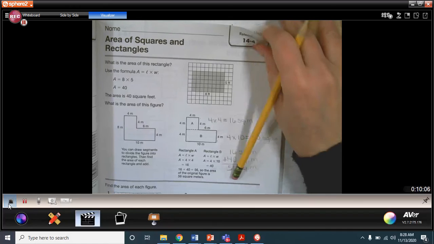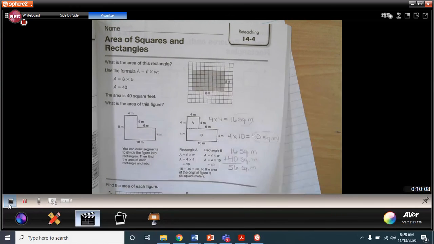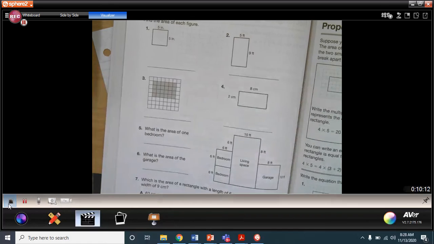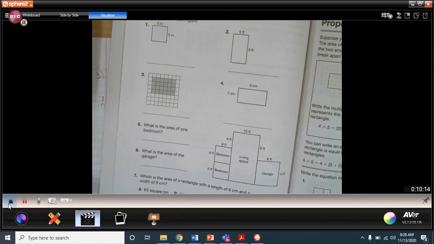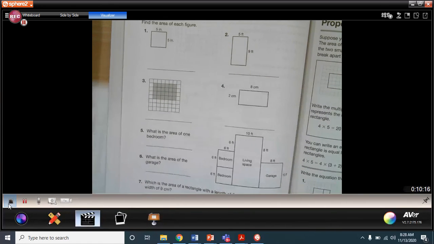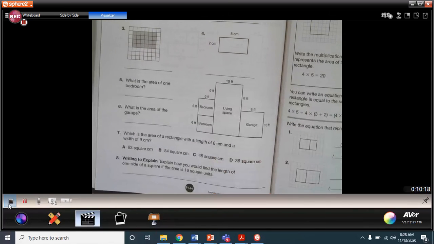If you need to use your grid paper again, or if you need to use this paper again, by all means, go ahead and do so. You also have a dry erase that you could possibly use, or you could also use your square tiles. So use any of the tools that you think you need to use.